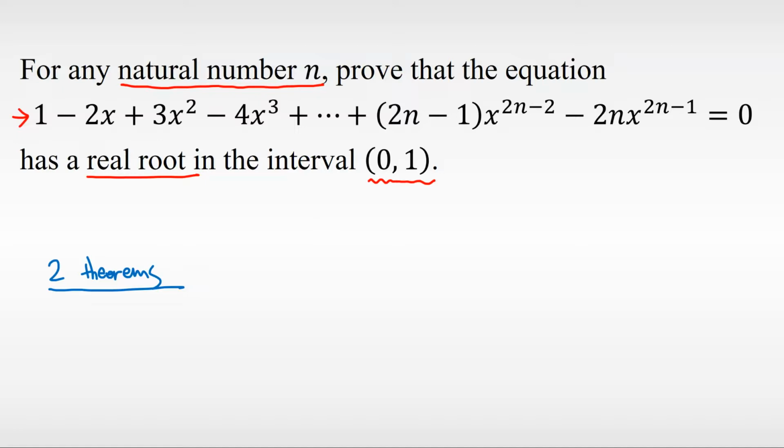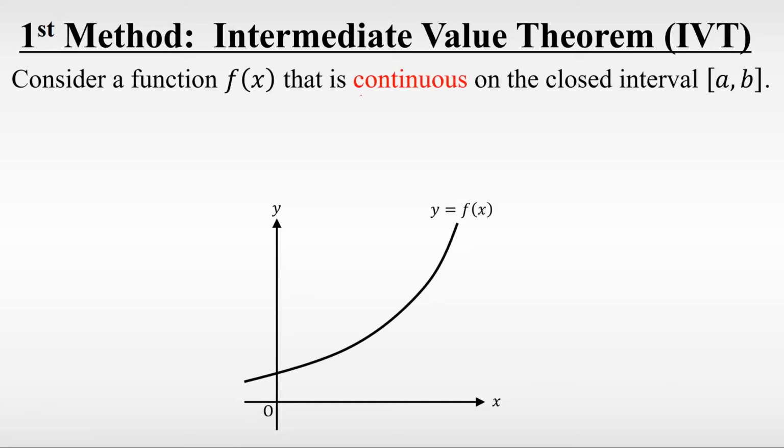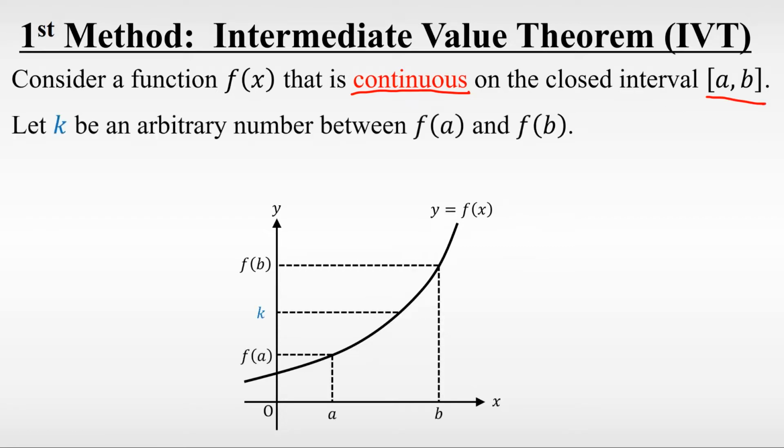Some of you may encounter these in high school calculus or in a freshman year of college. In this first method, I am going to use the intermediate value theorem. The theorem itself is like this. Consider a function f(x) that is continuous on the closed interval [a, b], and let k be an arbitrary number between f(a) and f(b), the y values at two endpoints of the interval.